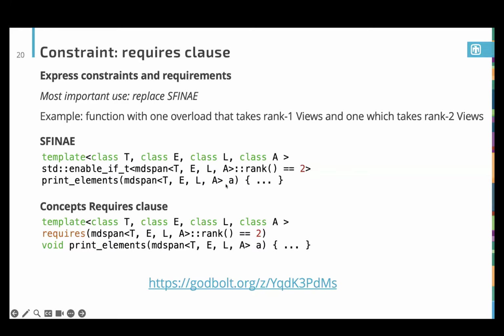And if you know what enable_if_t does, you know it compiles down into a void type, or it compiles down into essentially an error or failure to work when the rank is not 2.